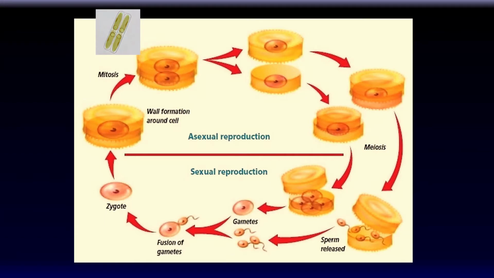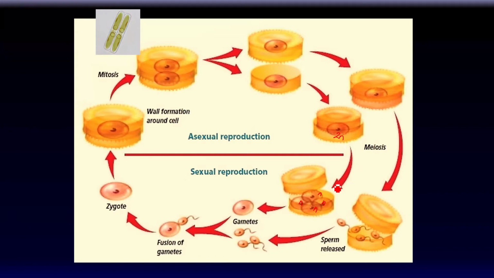Sometimes though, they can also do sexual reproduction, and that's demonstrated over here. For example, two separate diatoms, instead of dividing by mitosis like they do over here, divide by meiosis. This is a diploid cell, right? Remember, meiosis takes diploid cells through 2 divisions, meiosis 1 and meiosis 2, and the end result is 4 haploid daughter cells, which are all distinct from each other.